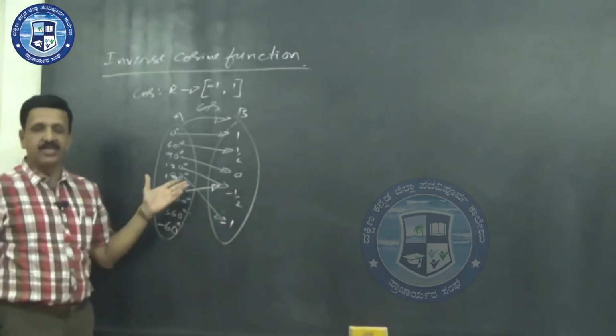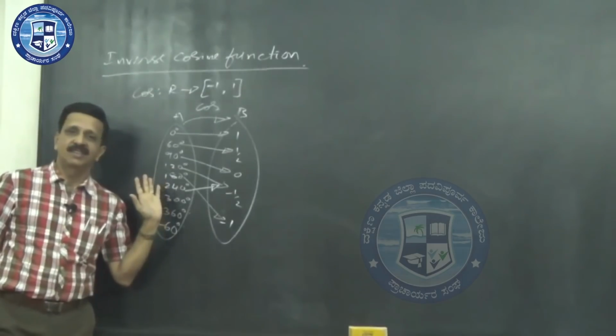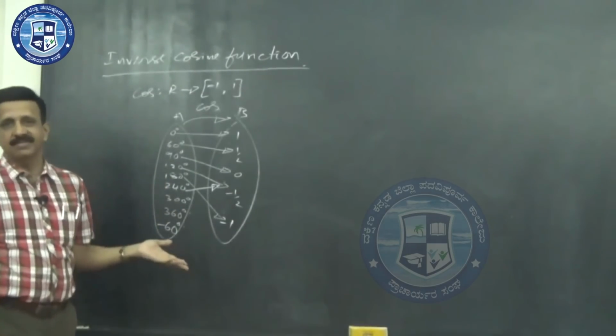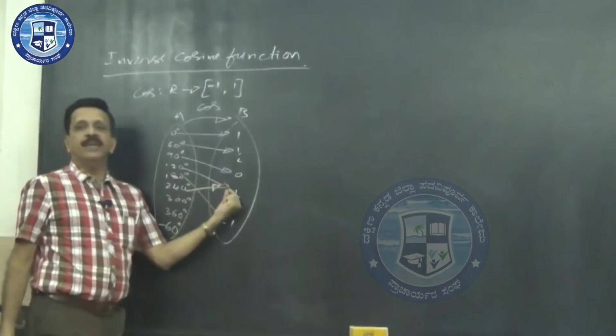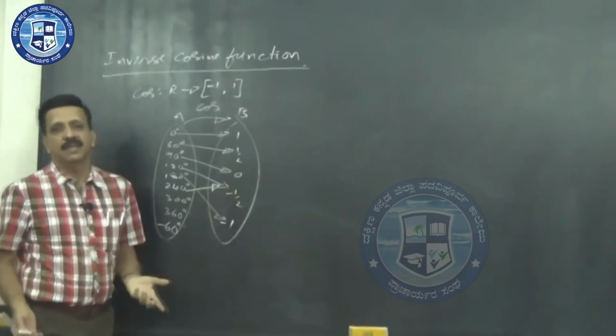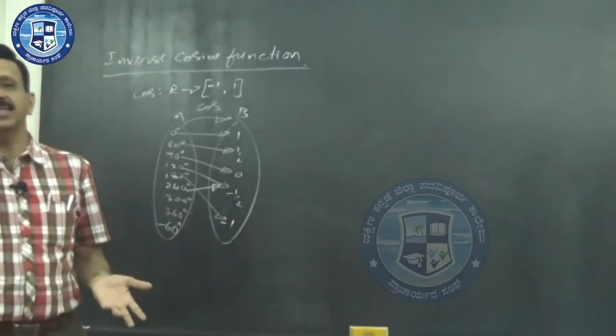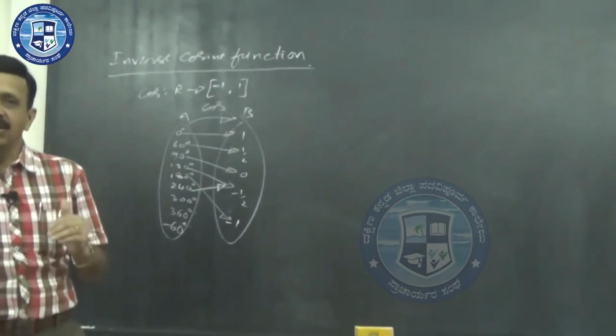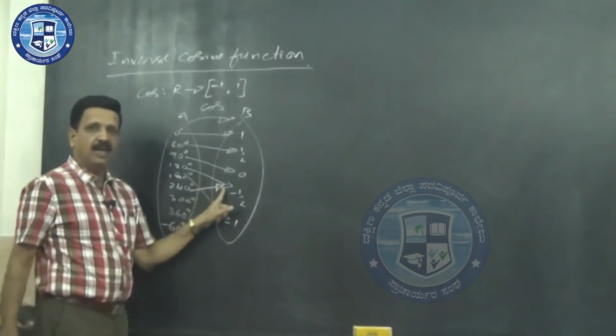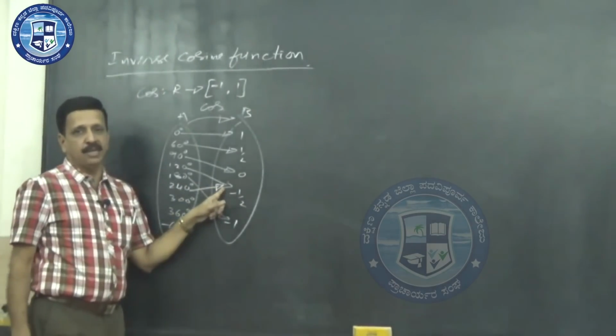It's enough to say that it's not bijective, because it is not 1, 1. The status of 1, 1 is lost. If it is not 1, 1, no longer it can be bijective. You know, bijective function is a function which is both 1, 1 as well as onto. This is not 1, 1, therefore it cannot be a bijective function.